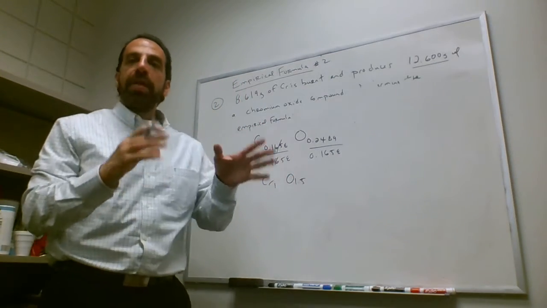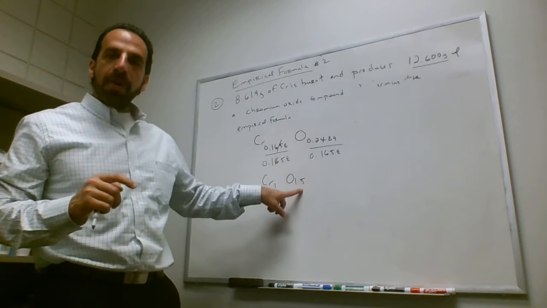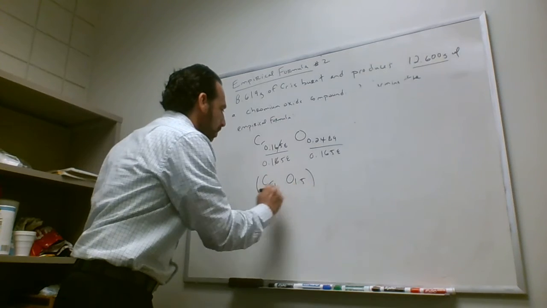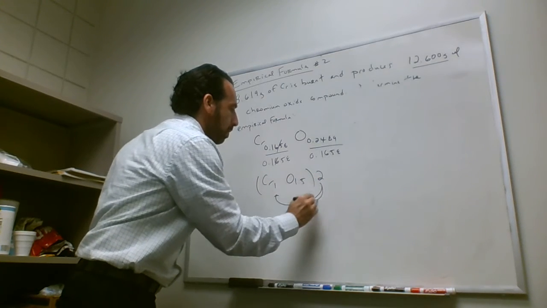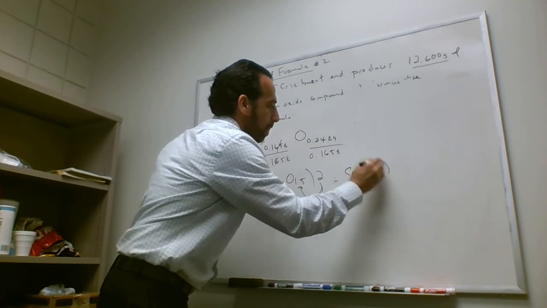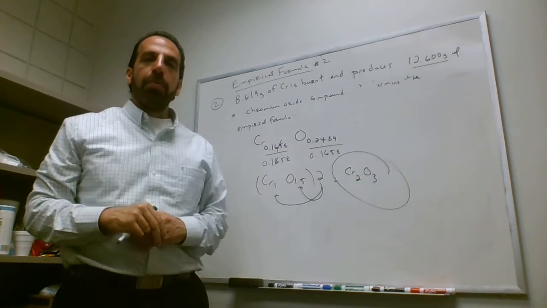So it's in between. So we can't just round off to the 2 or the 1. We want to get rid of that 1.5. The way to do that, we multiply everything by 2. So our empirical formula now is 2 chromiums and 3 oxygens.